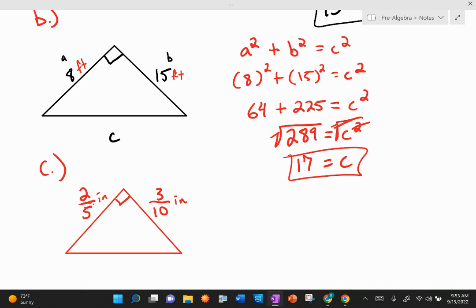But you need to know that if they are giving you the question as a fraction, the answer will most likely be in fraction form also, okay? So just be able to convert it back to a fraction. And if you're not sure how to do that, I can show you. It's very easy. Give you a couple more seconds on letter C.